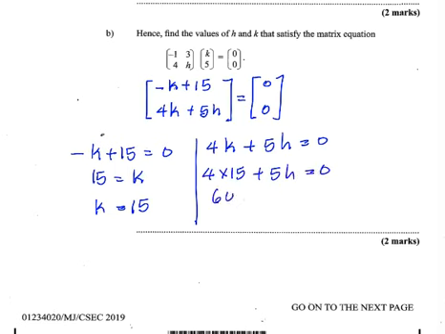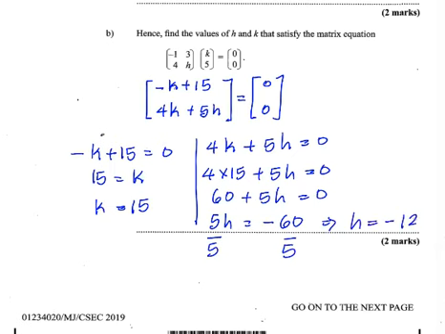So 60 plus 5H is equal to 0. 5H is equal to minus 60, so positive 60 goes over and becomes negative. Divide both sides by 5, and therefore H is equal to minus 12.